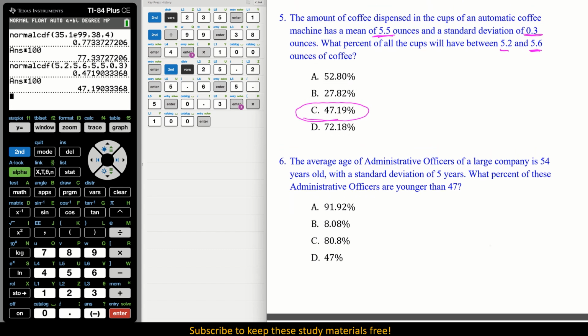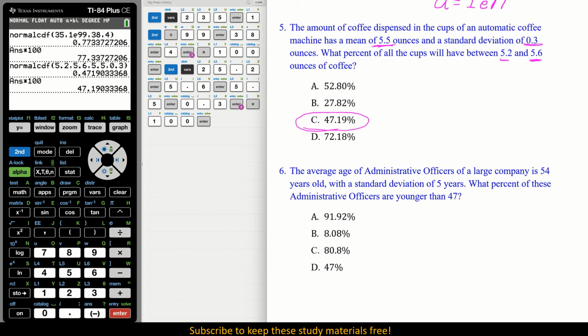All right, now, number 6. The average age of administrative officers at a large company is 54 years old. So this is our mean, our mu.